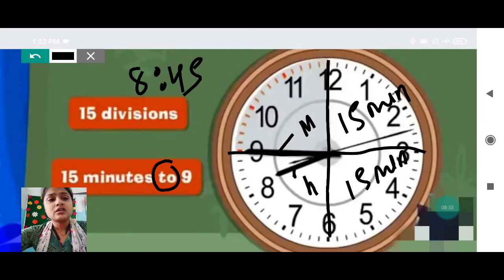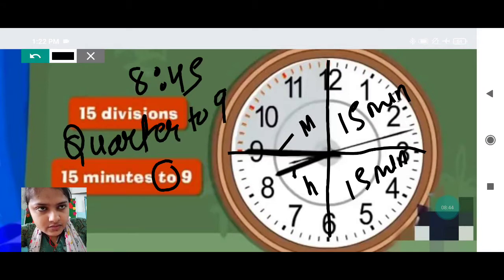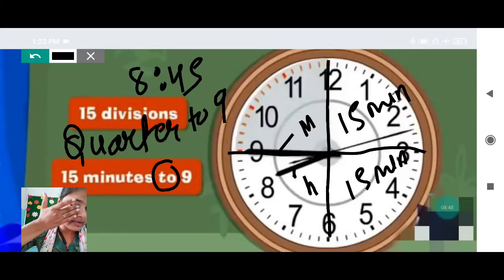So we can say quarter to 9. That is also correct. Quarter to 9 also means that 15 minutes are left to be 9.